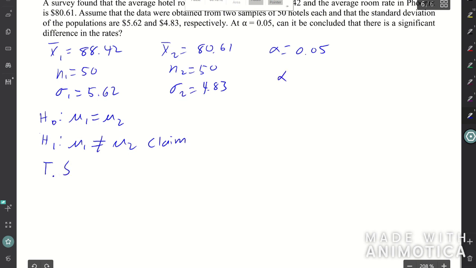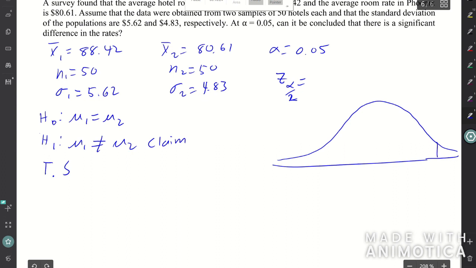Before we do that, since I am doing this by hand, we want to use a z alpha divided by 2, because anytime it is a two-tailed test, we are splitting that alpha up among the two tails. So we'll have two critical values. If we recall, this one was 1.96. So we're going to have a minus 1.96 and a positive 1.96, and we're going to look to see what is in these tails.